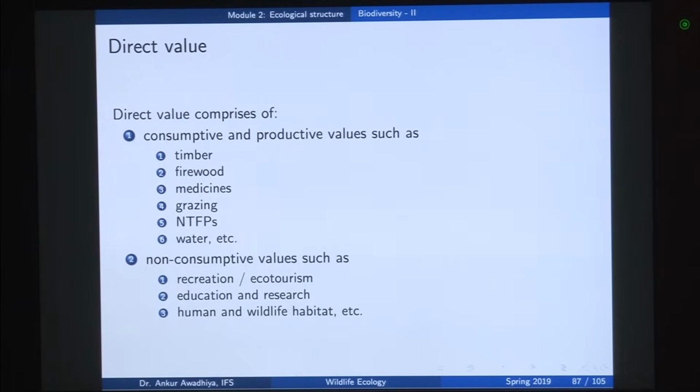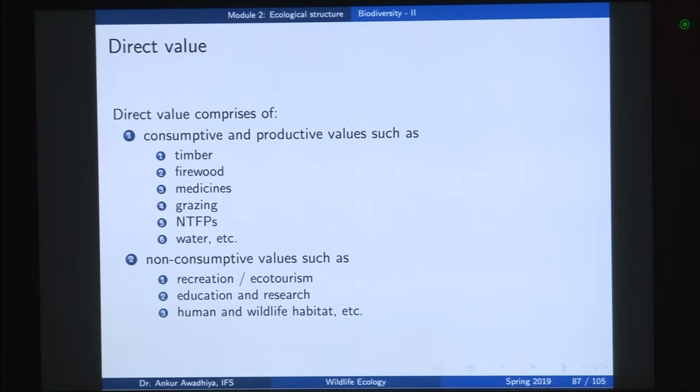With those trees, we can derive timber, fuel wood, firewood, medicines, we can have access to fodder, non-timber forest produce, water and so on. But these are known as consumptive values, because if I take timber out of a forest, then that timber is something that I can use, but any other person cannot make use of the same timber.